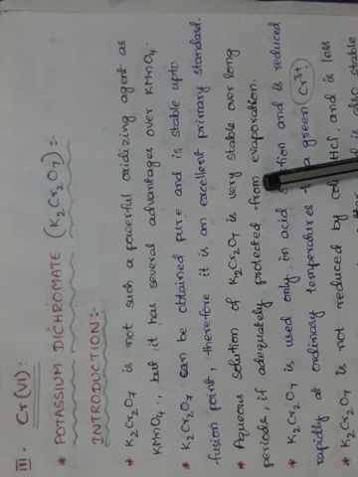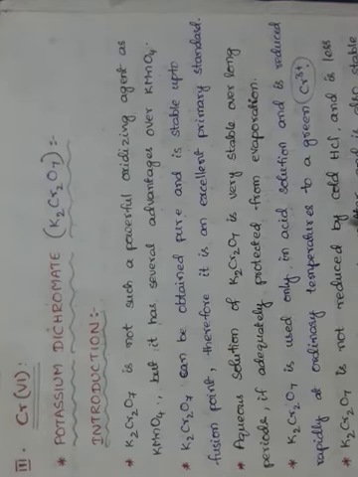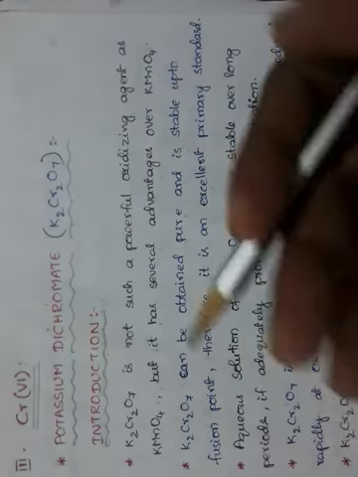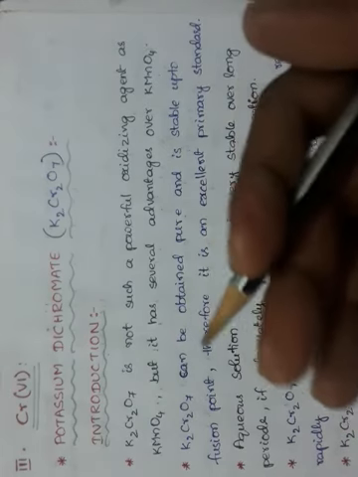They are the indicators used. What are the applications? So, first application related to the determination of iron in iron ore. Next, determination of chlorate ion. Next, determination of COD, that is chemical oxygen demand in water.